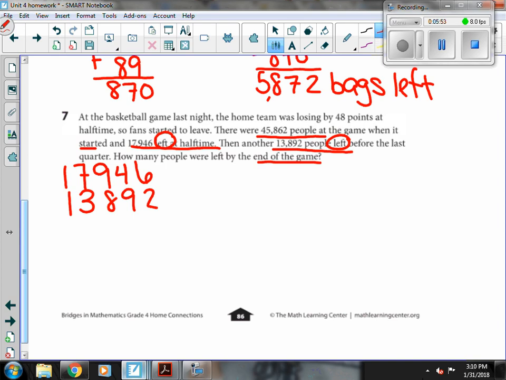But if you want to, again, you can do 2 subtraction problems, and you'd get the same answer. So I know that 31,838 people left out of the 45,862.